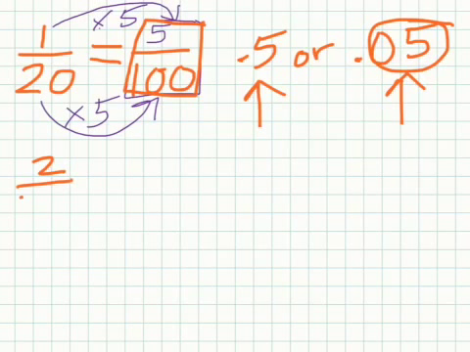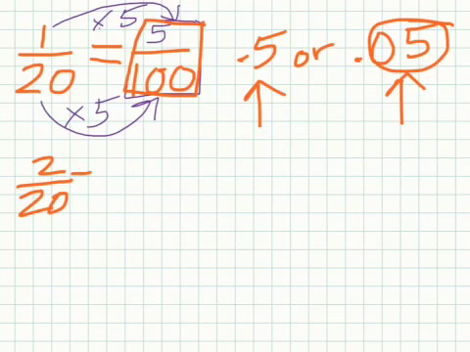If we were given 2/20ths, knowing that 1/20th is .05, how could we figure out what 2/20ths were worth? Well, you could do .05 plus .05 and come up with a .1.